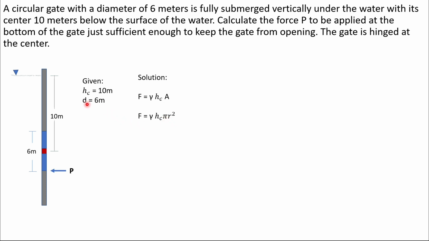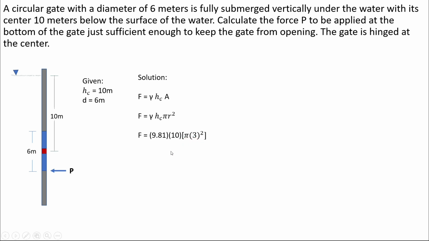And now we will substitute the given we have, and the value of the specific weight of water is 9.81, which has a unit of kilonewton per meter cube. And we also have Hc, which is 10 meters, and our radius is simply half of a diameter. So we have 6 meter diameter here, so our radius is 3.